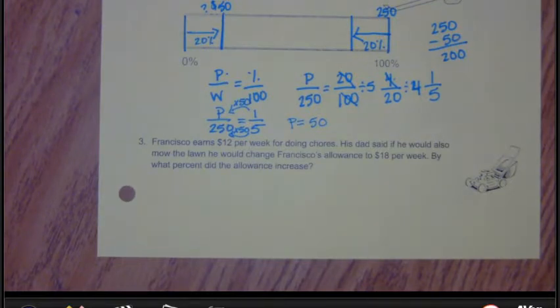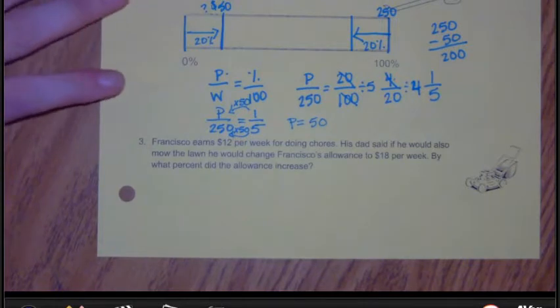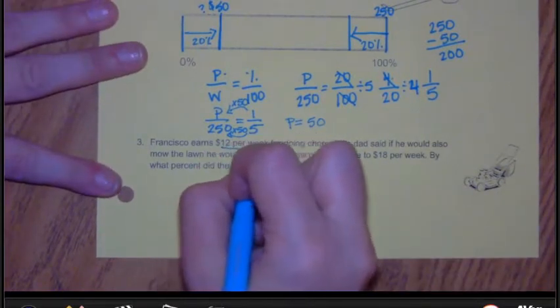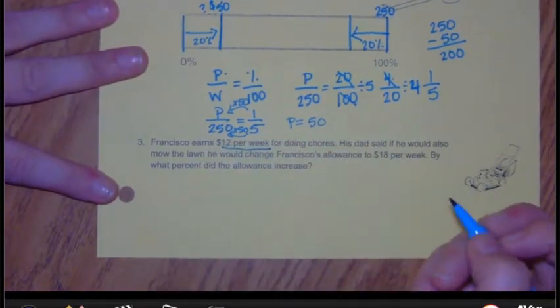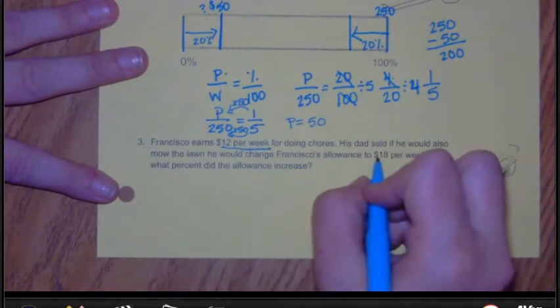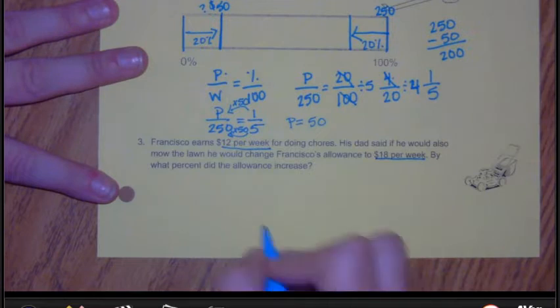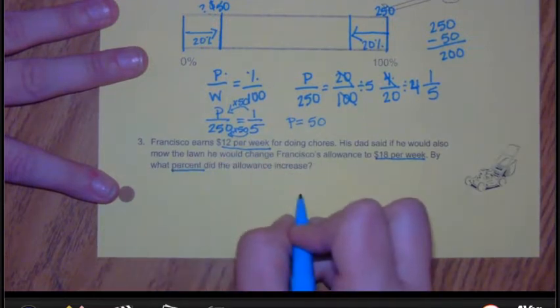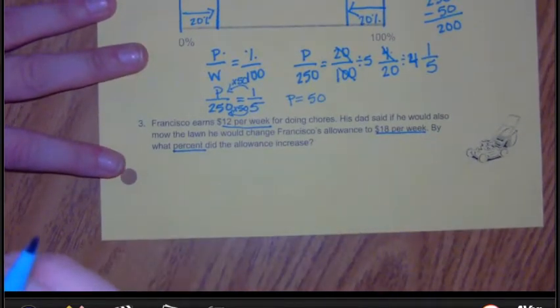All right. Number 3. Francisco earns $12 per week for doing chores. His dad said if he would also mow the lawn, he would change Francisco's allowance to $18 per week. By what percent did the allowance increase?